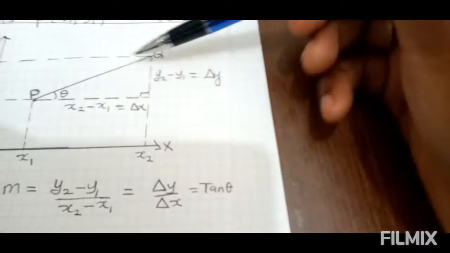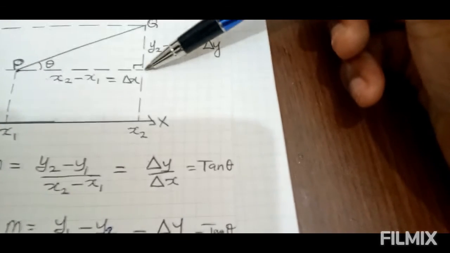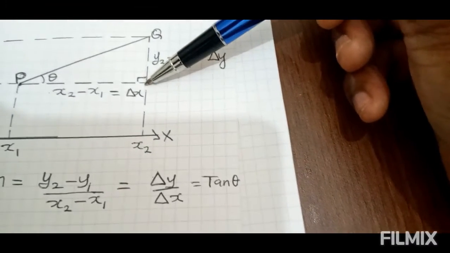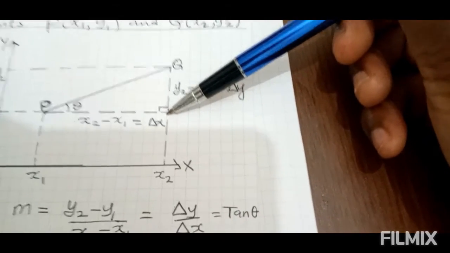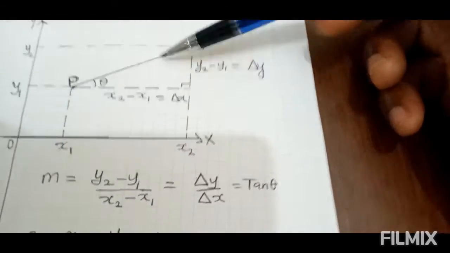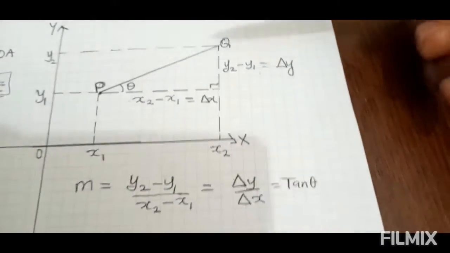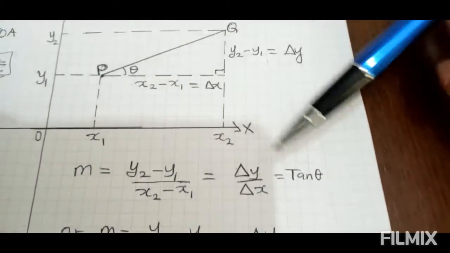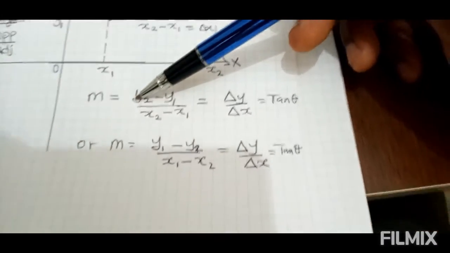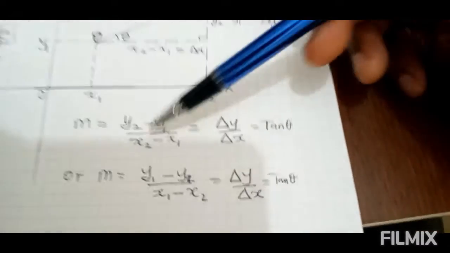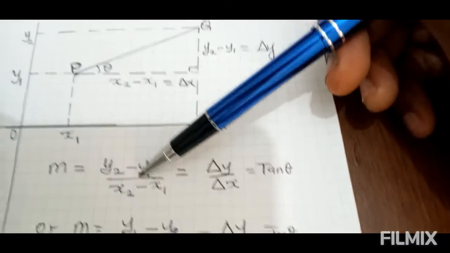So this line will be coming down, down, down until it reaches this line, and the tangent will be 0. So the gradient of a line is simply the tangent of theta, and this can be solved by this equation. That will be the gradient of a line.